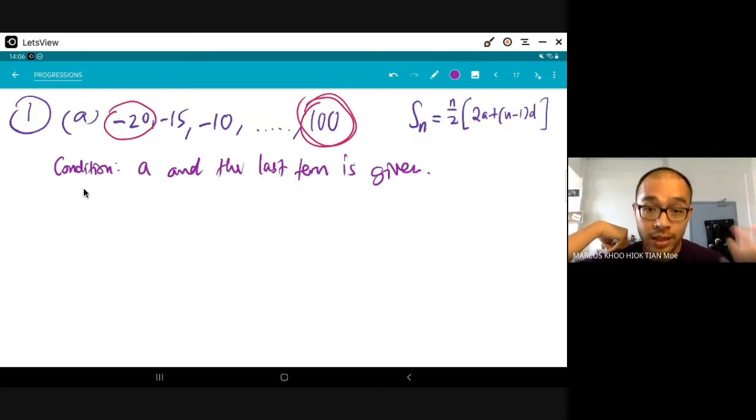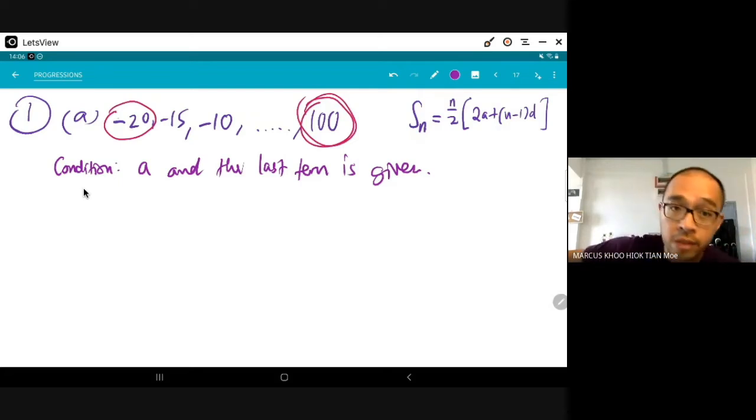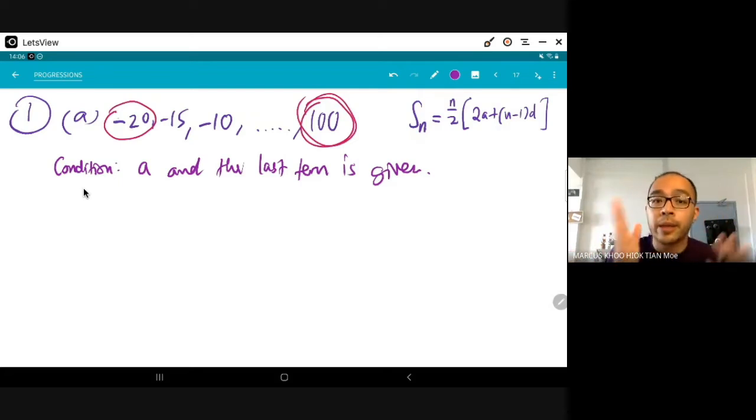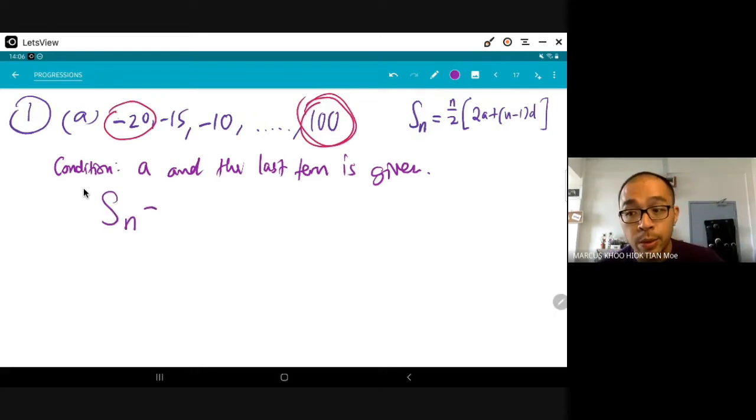They tell you what the last term is. Usually an arithmetic progression goes on forever, but in this one they say we stop at 100. Why do they stop at 100? It's up to them. But if they give the first and the last term, we calculate Sn this way. The sum will be n over 2, (a plus the last term).